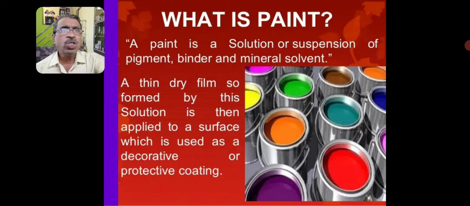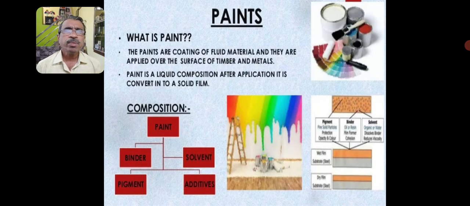The paints we have shown come in various colors. It may be water soluble or organic solvent soluble. This slide also shows the composition of a paint, which includes binder, solvent, pigment, and additives.